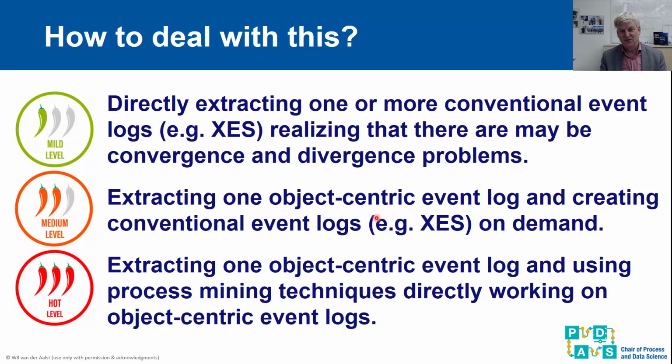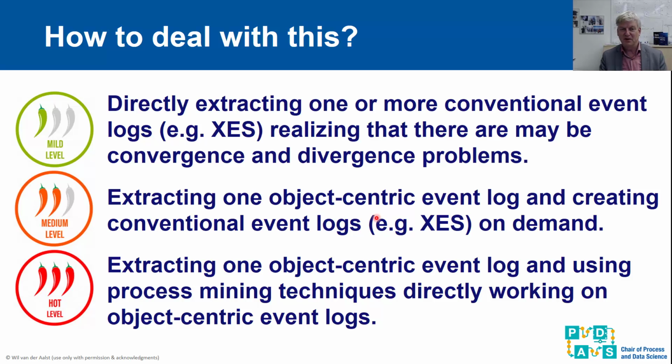A better solution would be to store the event data in an intermediate format, which we call object-centric event logs. This is something that you can already do today using existing technologies. Each time you want to do process mining, you choose a particular view, a particular case notion, and when doing that, you are aware that you may introduce these convergence or divergence problems.